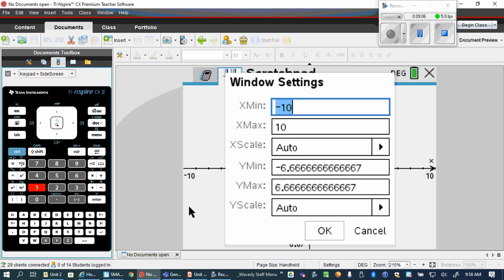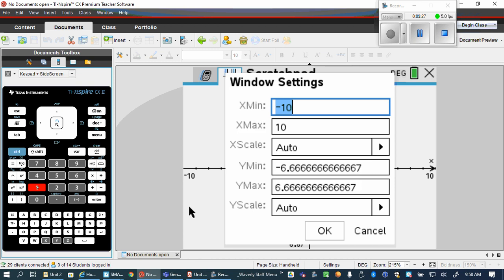So what's the minimum x they have in the book? The x-axis, what's the number all the way to the left, the minimum one?